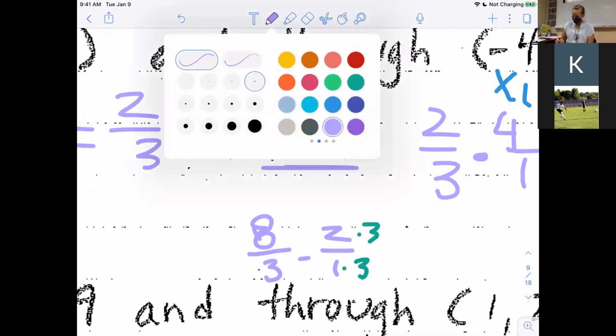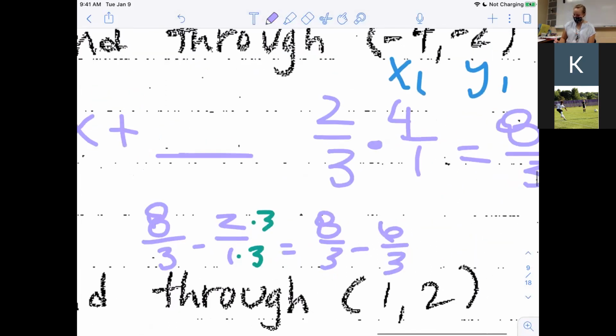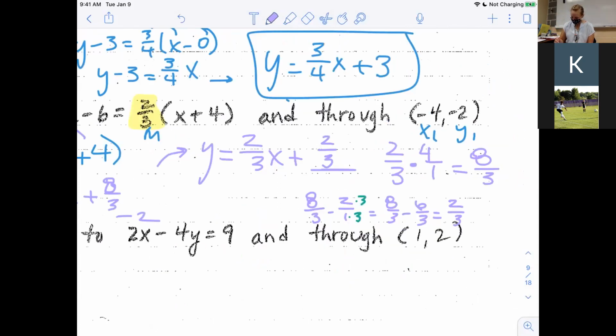So I've got 8/3 minus 6/3, and that's equal to 2/3. Remember with fractions, when you add or subtract, the denominators don't change, just the numerators do. When you multiply, that's when the denominators change too. So 2/3 goes in this box right here. And so my final answer: y equals 2/3x plus 2/3.